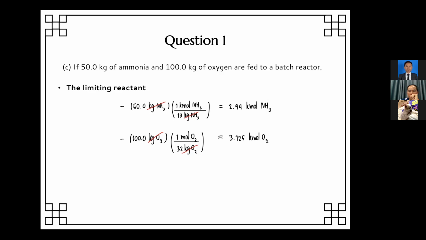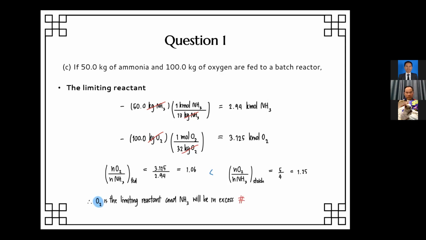For the 100 kilograms of oxygen times 1 kmol over 32 kilograms, the molecular weight, the answer is 3.125 kmol of oxygen.